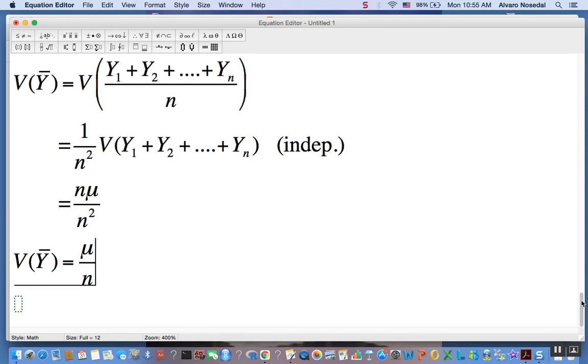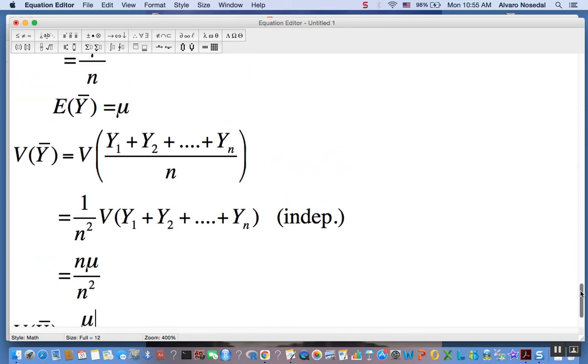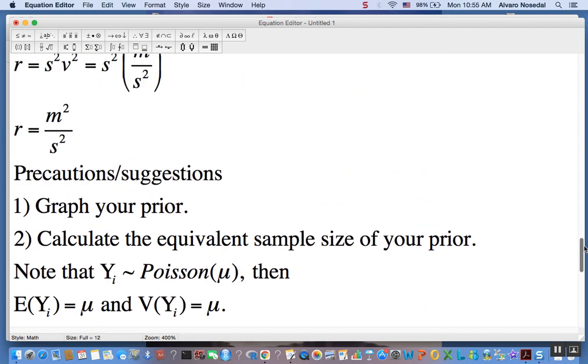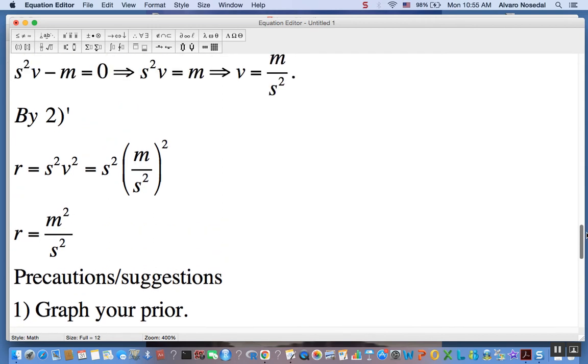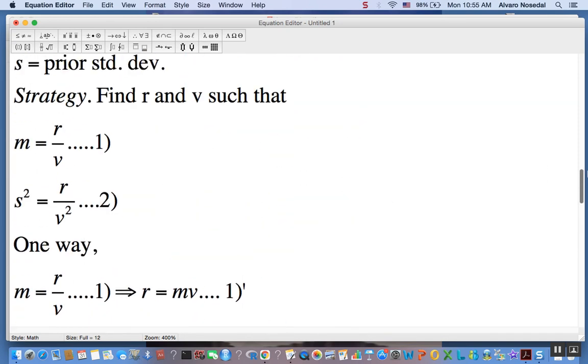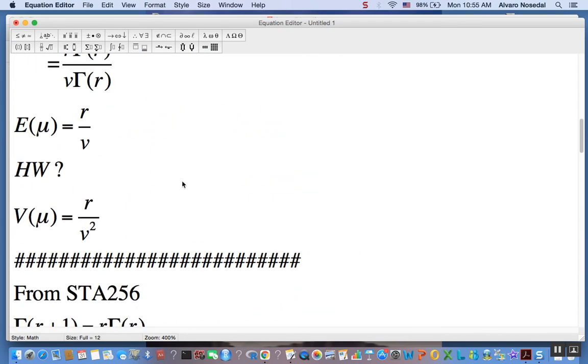And we're going to see that in a sec in terms of the likelihood. You know that the variance of a gamma random variable is r divided by v squared, right? So if you equate this with that mu divided by n, and you solve for n, that guy is your equivalent sample size, okay?